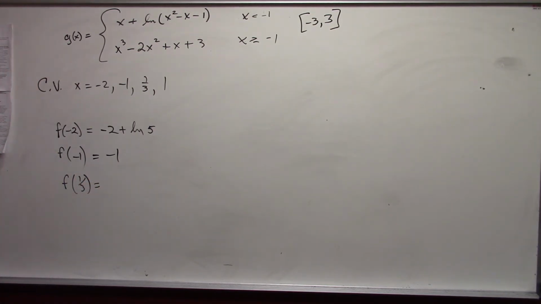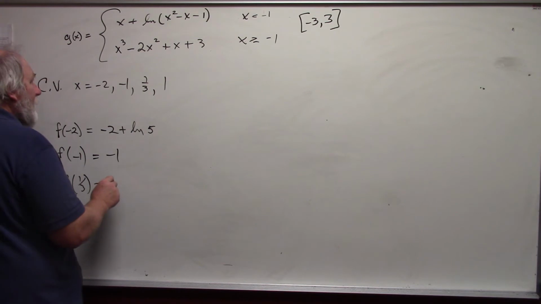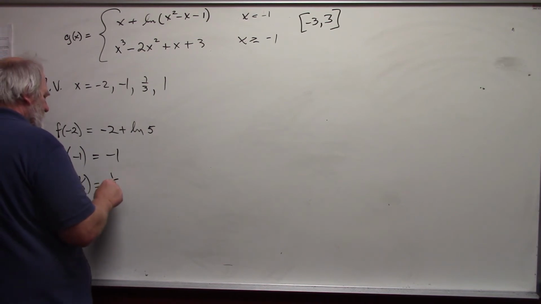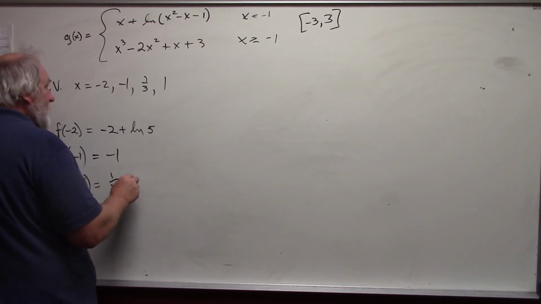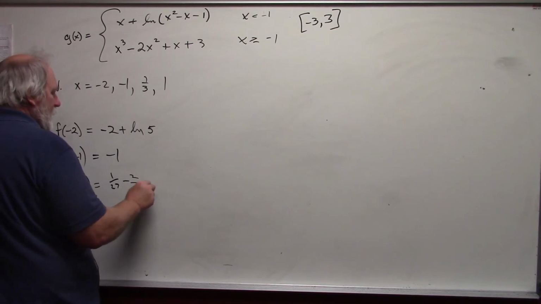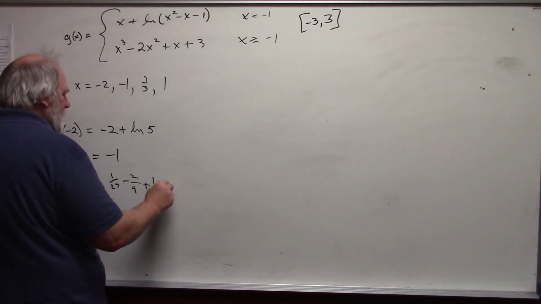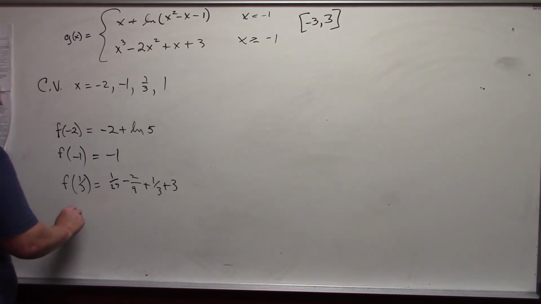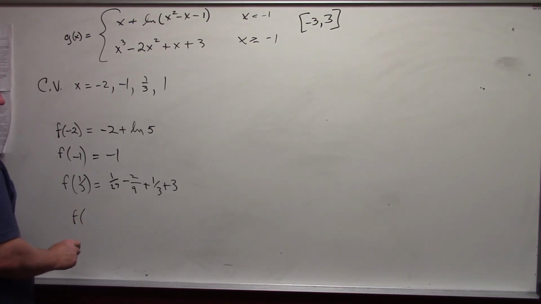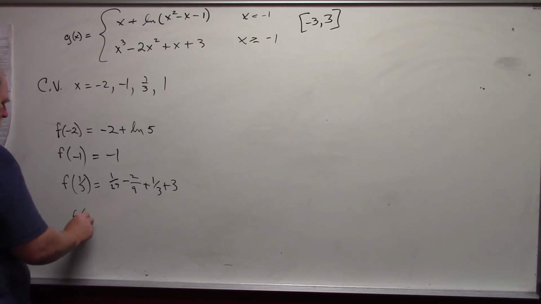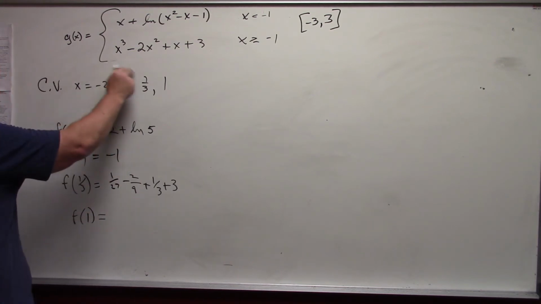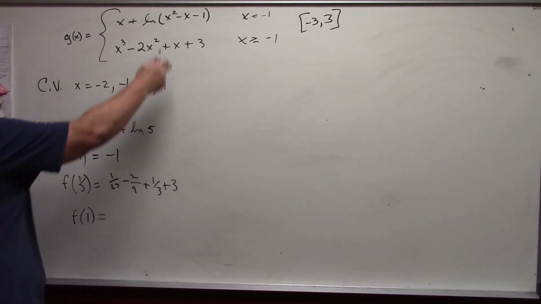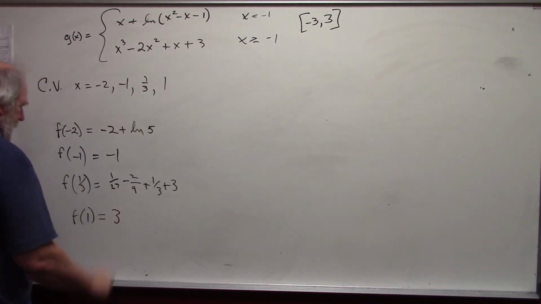Again, I need to use the bottom function. That's going to be 1/27 minus 2/9 plus 1/3 plus 3. And I'll let you figure out what that is. And f of 1 would be 1 minus 2 is negative 1, plus 1 is 0, plus 3 is 3.